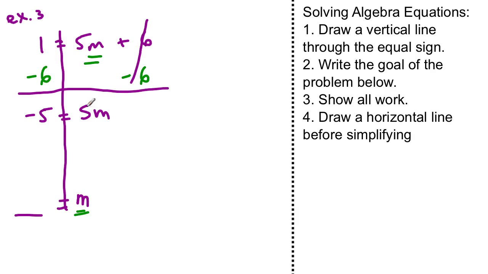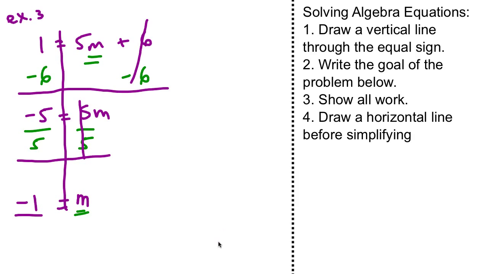And now here we want to get m by itself. This is 5 times m, so we divide by 5, both sides. And simplify. So this cancels out, and we're left with 1m is equal to, over here, -5 divided by 5 is -1. Okay, final answer.